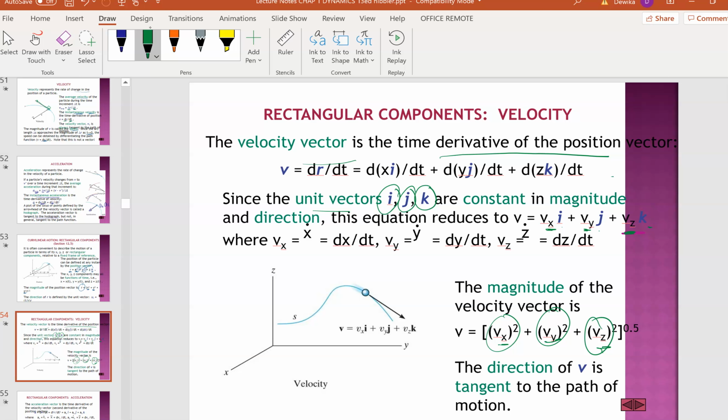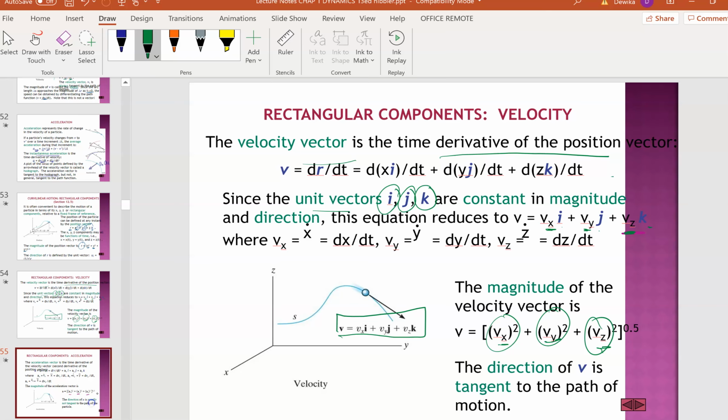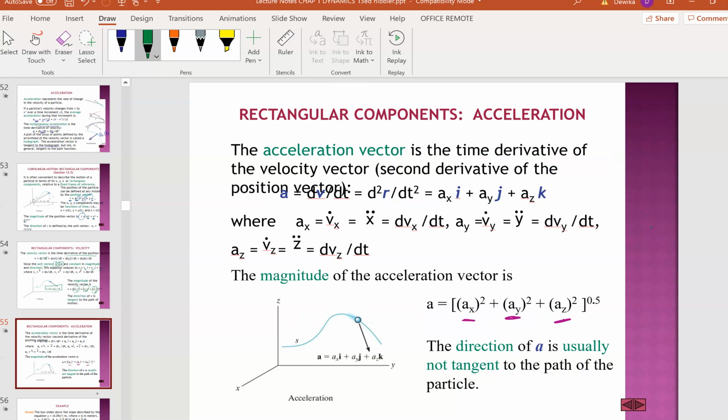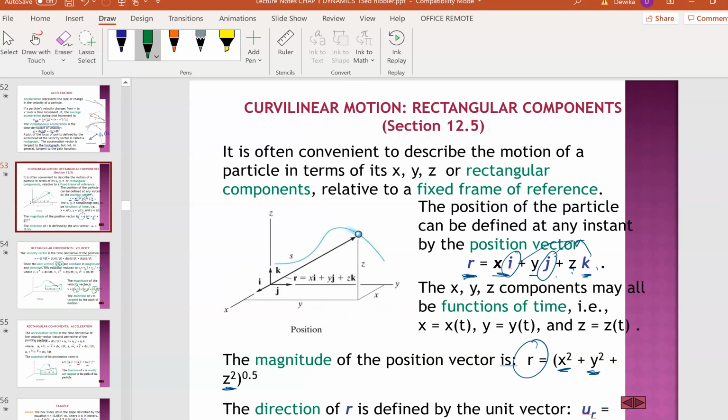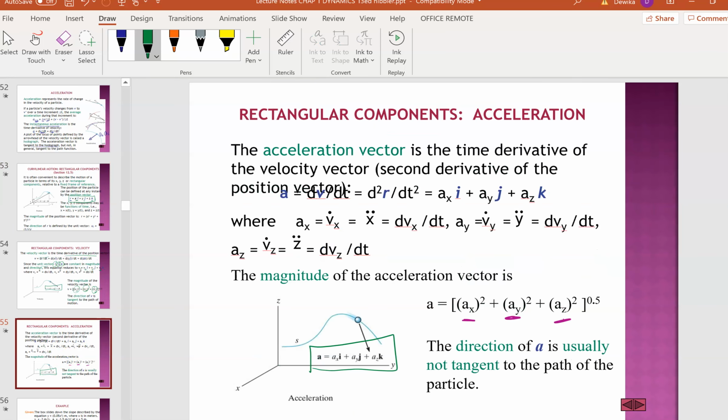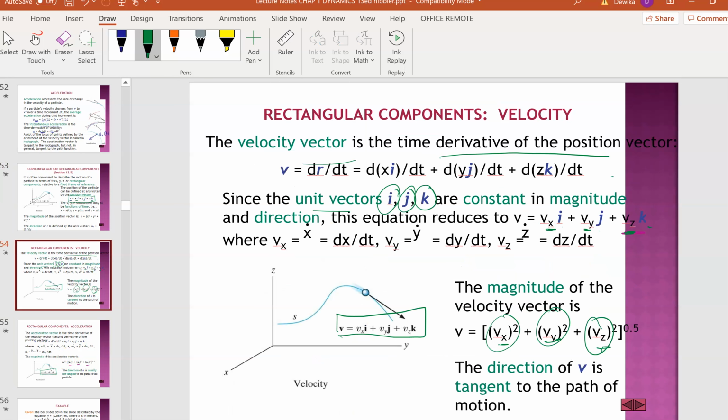If you differentiate these, you get the acceleration. Can you see this? Ax. If you integrate this, then you will move back to this. Even though it's in the x-axis, y-axis and z-axis, you differentiate these, you get velocity.